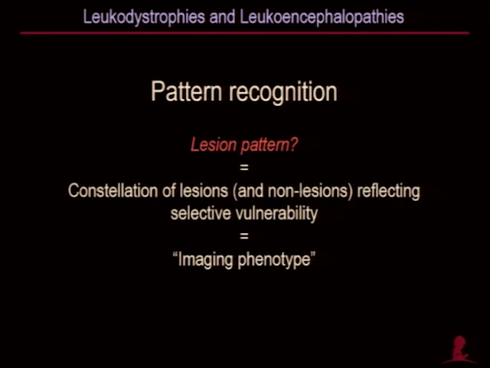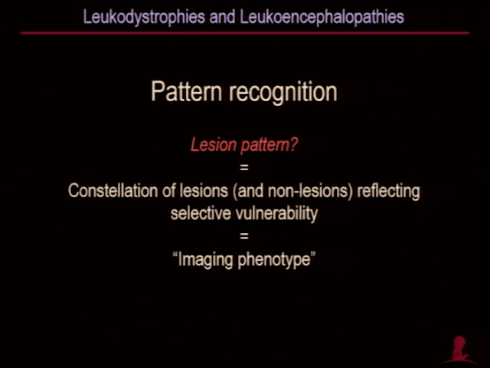So what is a pattern, actually? Well, the lesion pattern is, at least for us, in a sense, the imaging phenotype, which is the constellation of lesions and non-lesions. One of the most striking features of some of these conditions is that some structures may be heavily affected, and a few millimeters aside, it's perfectly normal.